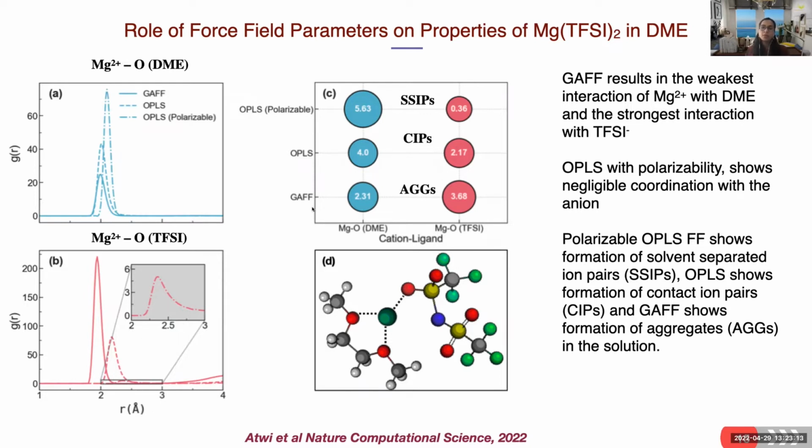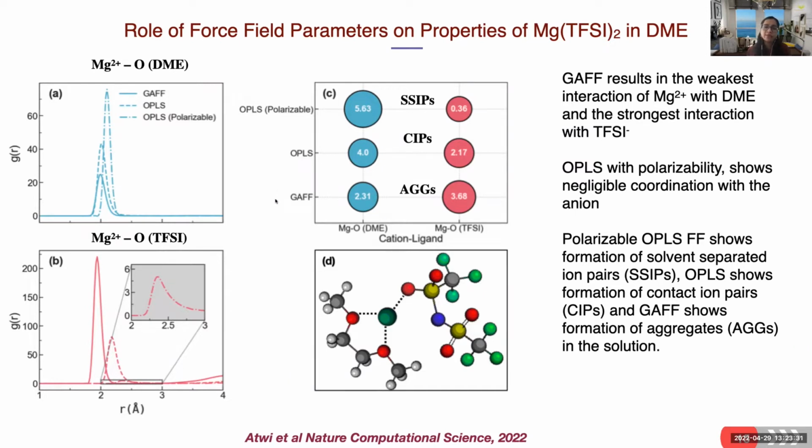And this can also be seen in the contact ion pair results here. If you look at the coordination number results for magnesium with solvent versus magnesium with the anion, depending on what force field we are using, we get very contradictory conclusions.